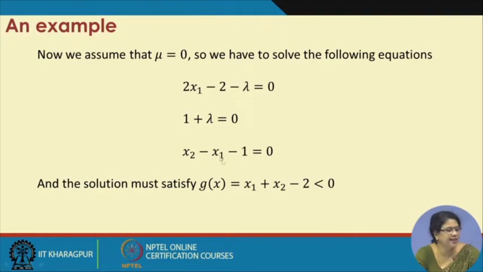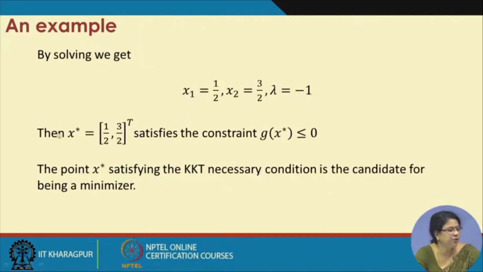Now, in that case we get this along with this condition, and whatever value we get satisfies all the KKT conditions together. You can see that the lambda value is negative, because in the Lagrange multiplier method, for the minimization type of problem lambda is negative. We are getting that as well. That is why we can say that the corresponding x will be the optimal solution for the problem.